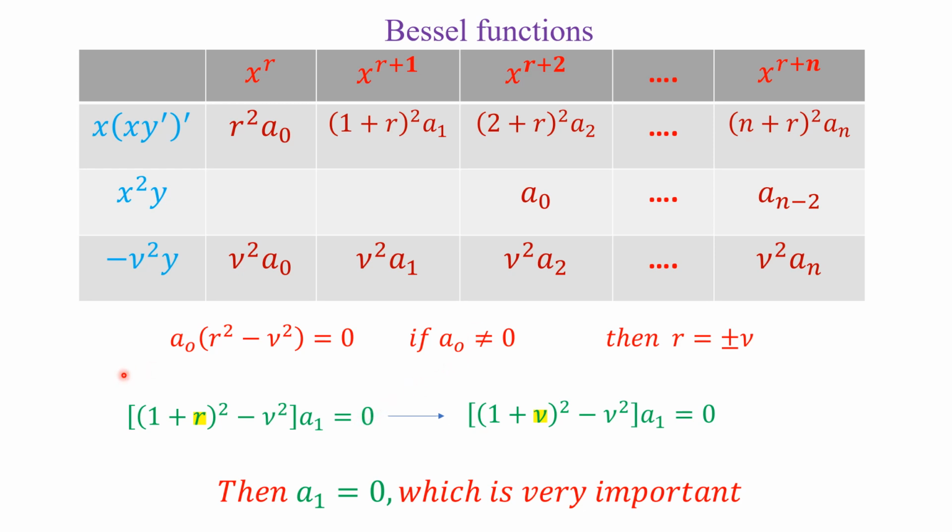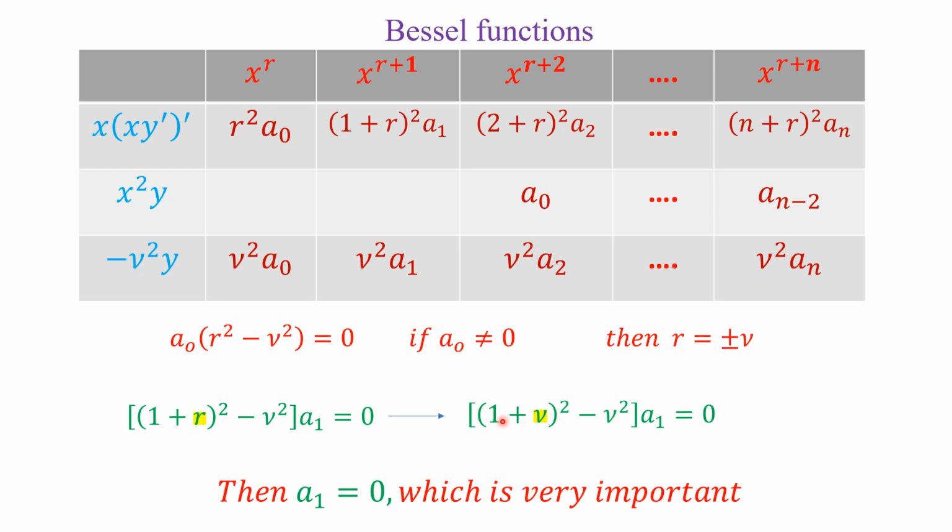Here you can see, from the first x power r, we have found r is equal to plus or minus nu. In our entire lecture, we will take nu as a positive one. So that is another important point, which I am going to highlight. So this r I am replacing as nu.